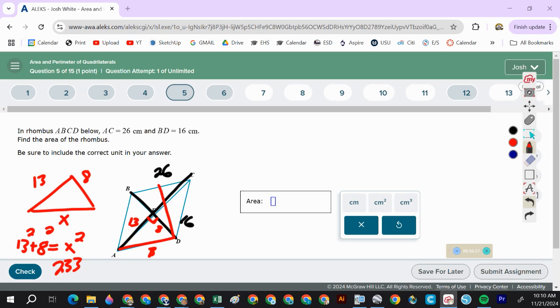Did I do that right? I guess so. Anyway, so this is the square root of 233.